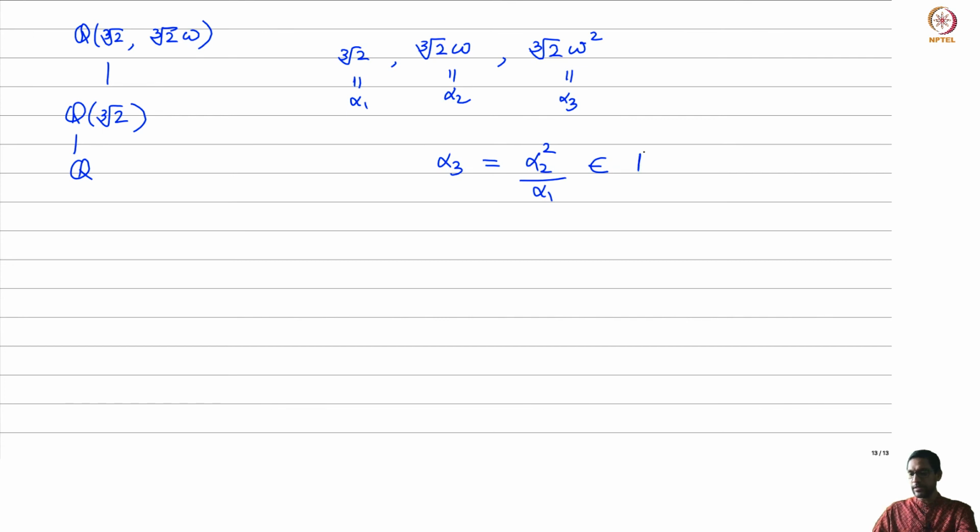So this is certainly in the field generated over Q by alpha 1 and alpha 2. So you don't need to go one more step of extension here.